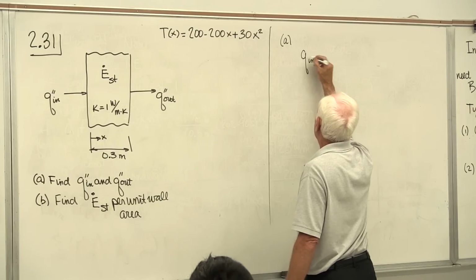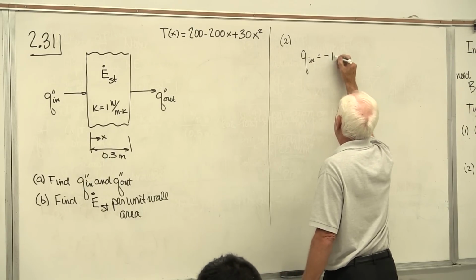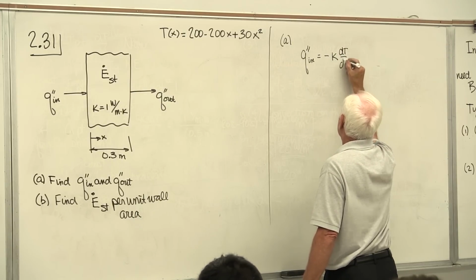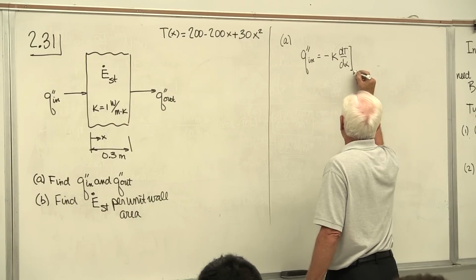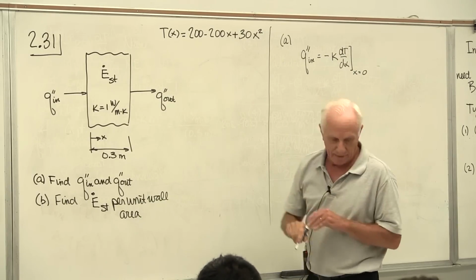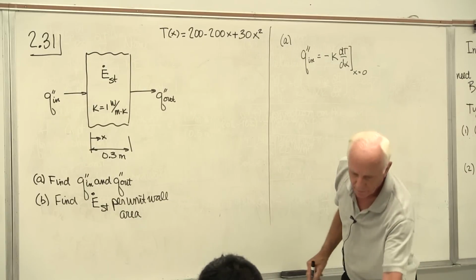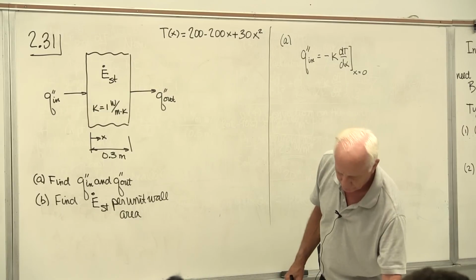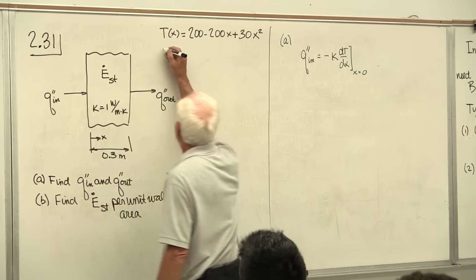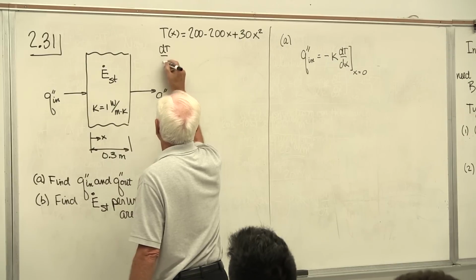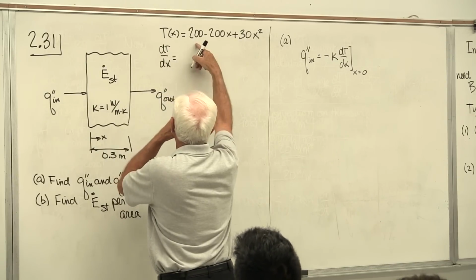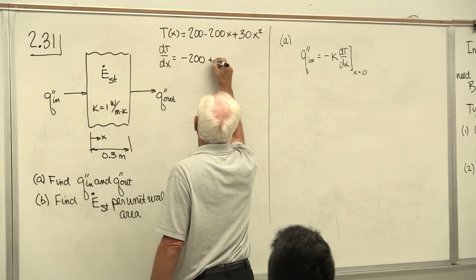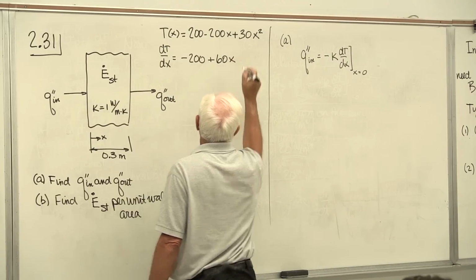q in double prime equals minus k dT/dx at x equals 0. dT/dx goes out as minus 200 plus 60x.